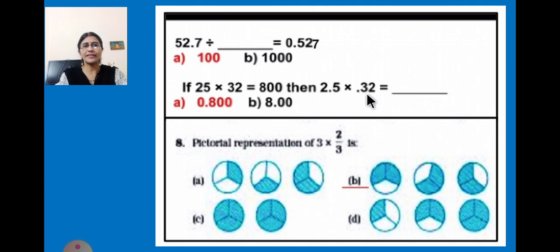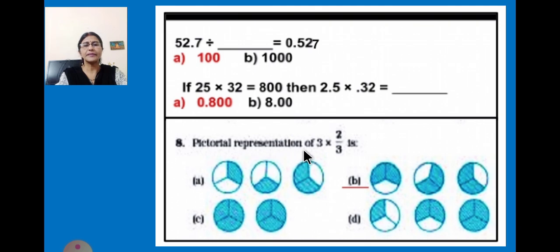If you combine, you get 3 decimal places. So the point will move by 3 places. So the answer will be 0.800. This is the correct answer.